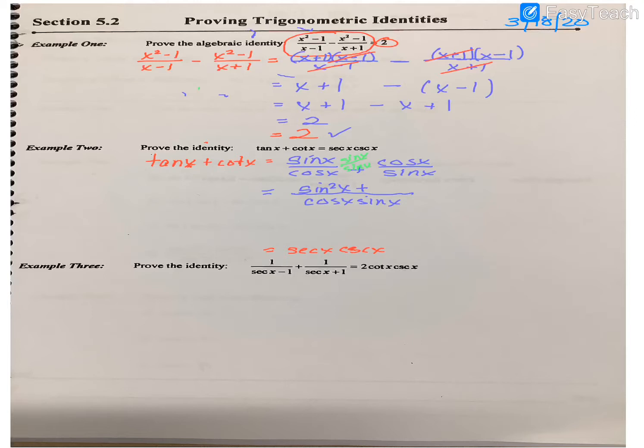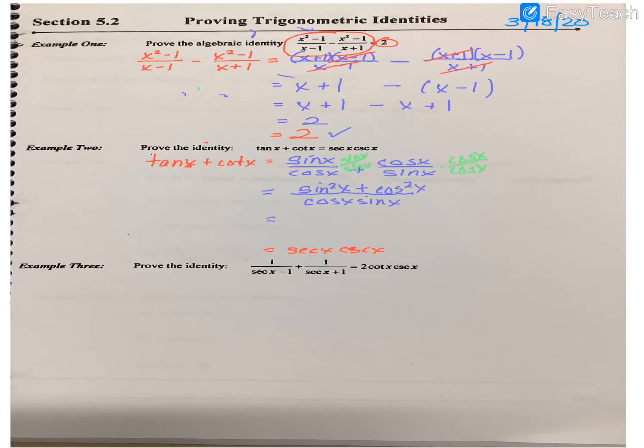This time I already have a denominator of sine x. Sine x times what gives me cosine sine? That is multiplying by cosine x. If I multiply the denominator by cosine x, multiply my numerator by cosine x. So now cosine x times cosine x is going to be cosine squared x.